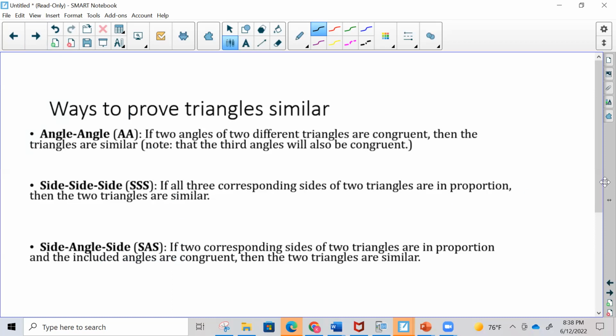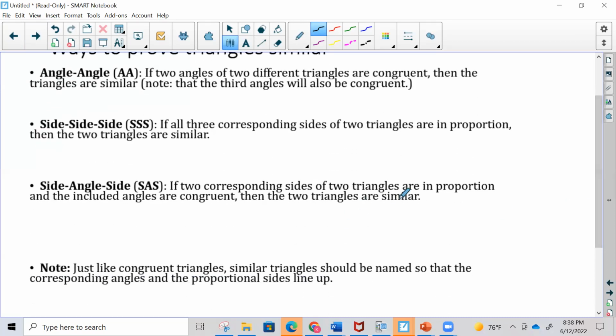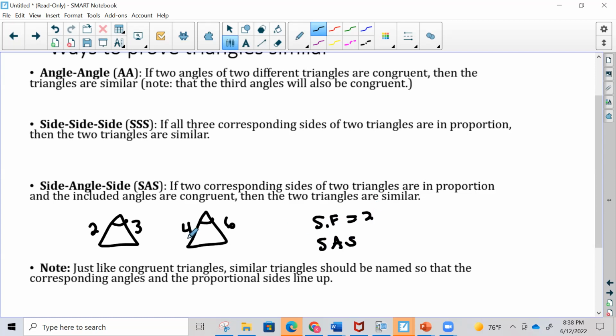And then side angle side. So if 2 corresponding sides of 2 triangles are in proportion and the included angles are congruent, then the 2 triangles are similar. So this would look like if I have this, and I have this, and then these are the same ratio. So this is 4 divided by 2 is 2, 6 divided by 3 is 3. So this scale factor would be 2, and this would be side angle side.